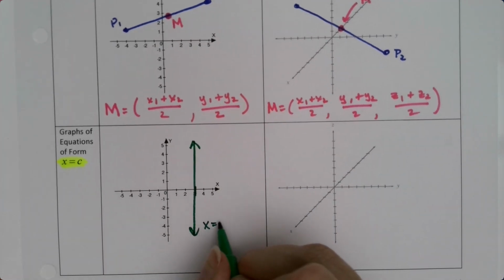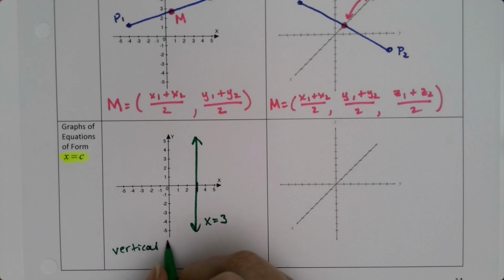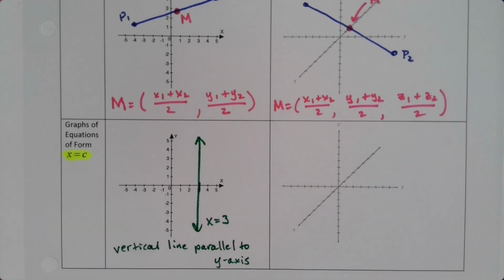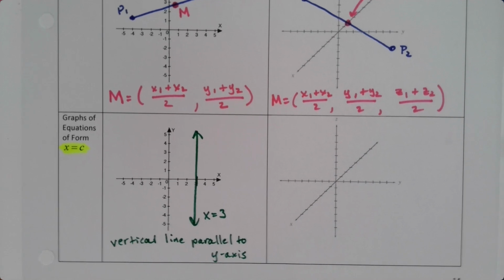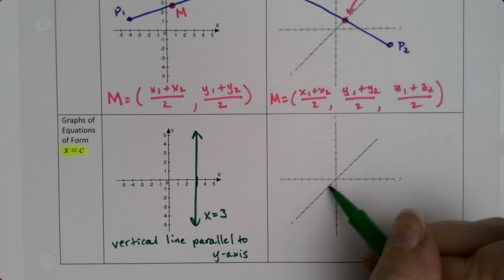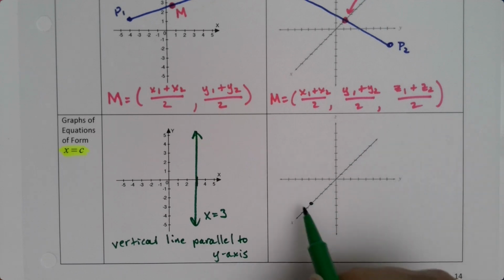So I drew x equals 3 as an example, but it's a vertical line that's parallel to the y-axis. Okay, so if I did x equals 3 here, well, I might do more than 3. 1, 2, 4, 5. I'll do 5.